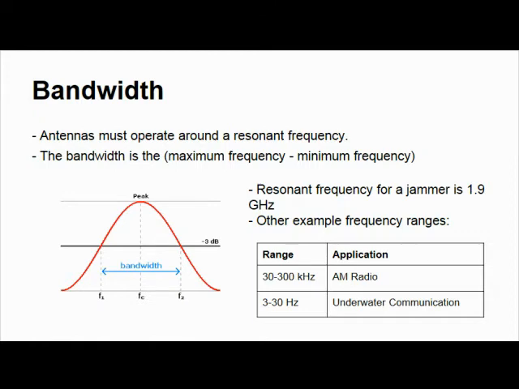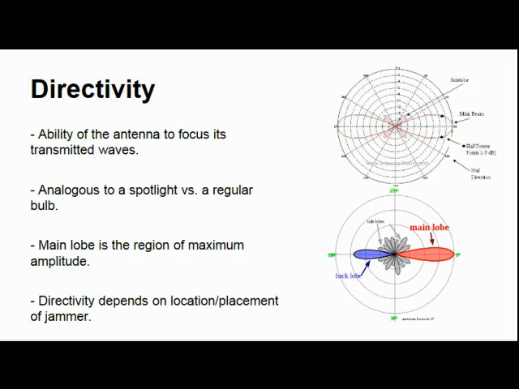In North America, cell phones operate at around 1.9 gigahertz. So the output of our antenna for a jammer would have to be in that range. It'll have to be around 1.9 gigahertz. Other example frequency ranges include for AM radio waves 30 to 300 kilohertz, and for underwater communication 3 to 30 hertz.